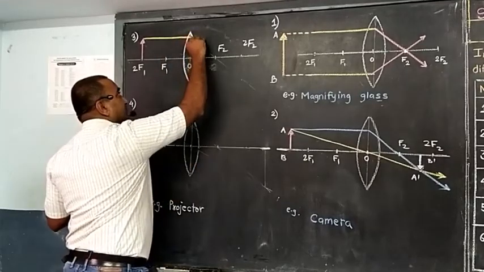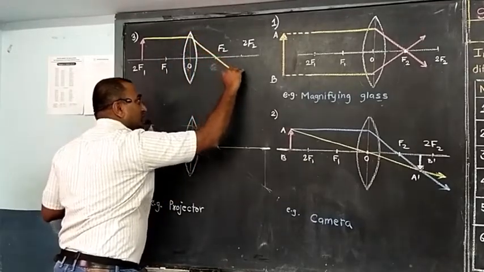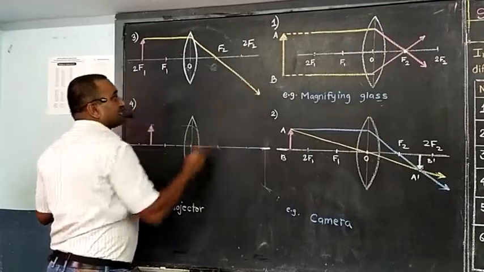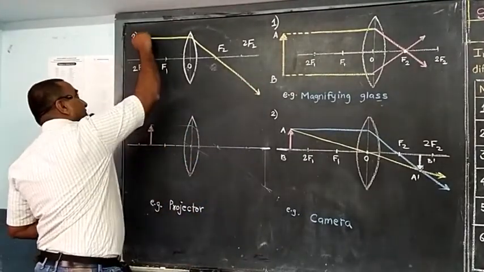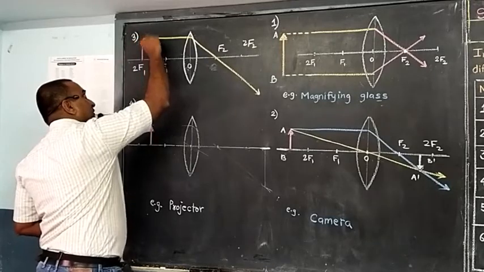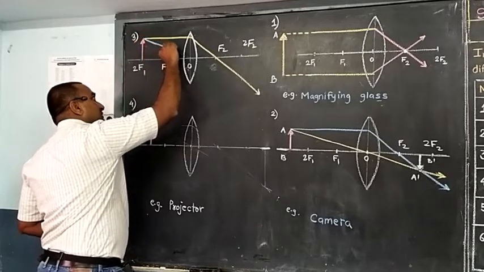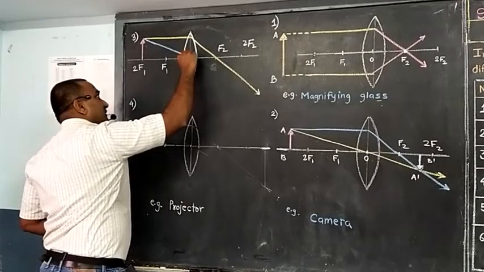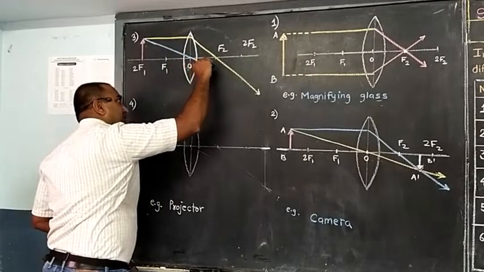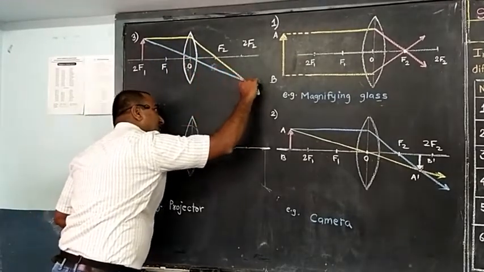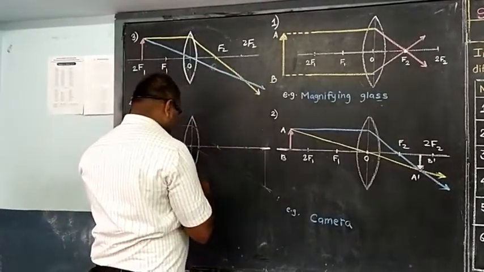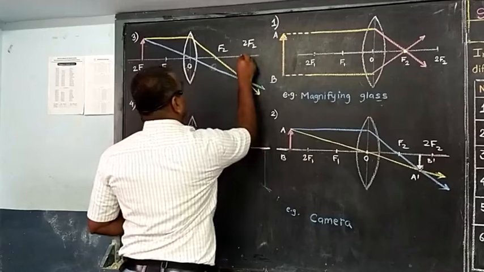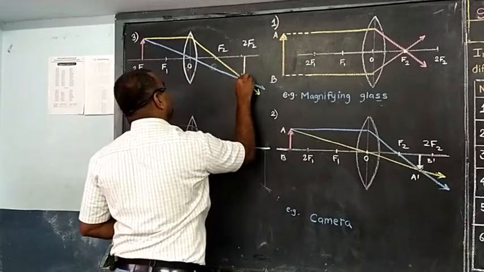After deviation it will pass through the principal focus, that is the first ray. What about the second one? Here it is passing through the optical center, so without deviation it will pass straight, and because of passing straight we get this image here. See, this one is the image.